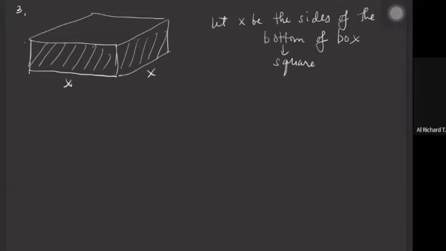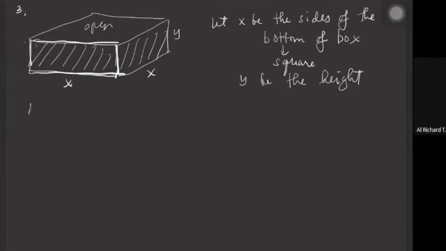So let y be the height. And so this is open. When you build this particular box, what you need is the areas of these 4 sides.